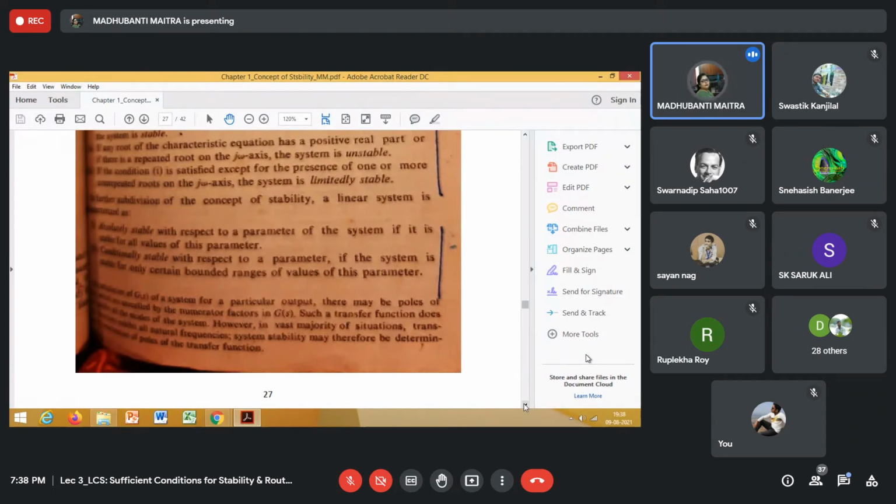So a system is said to be conditionally stable with respect to a parameter if the system is stable for only certain bounded ranges of values of this parameter.